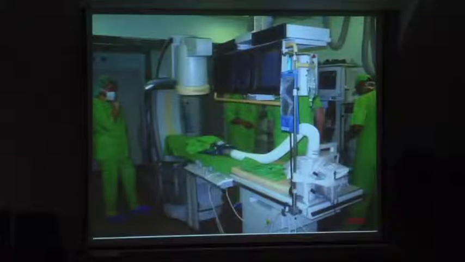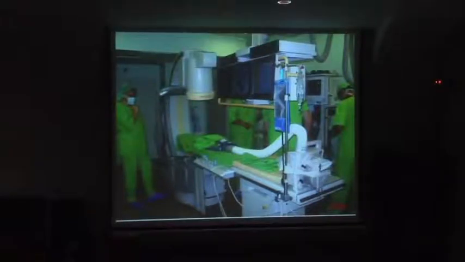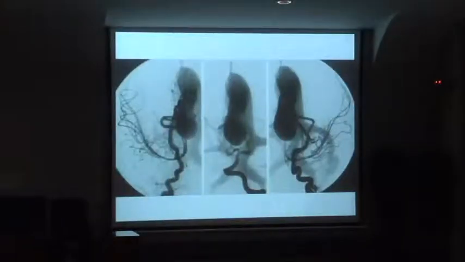And I would like to show the last patient, this child, 2 weeks old, in my clinic with asystolia. This young baby has a big vein of Galen malformation.